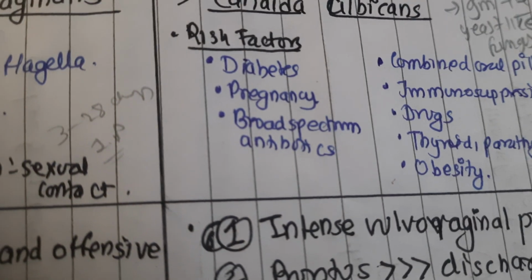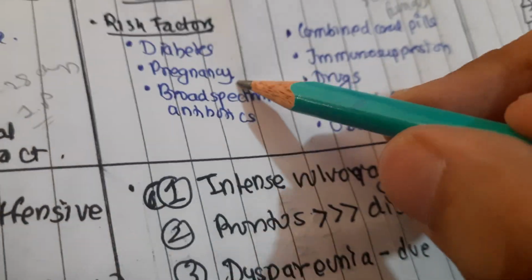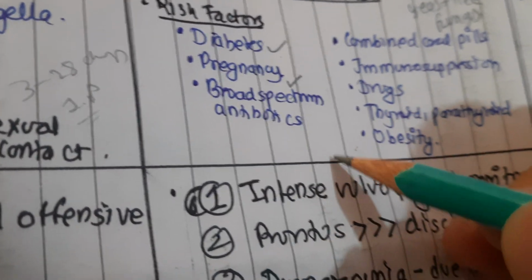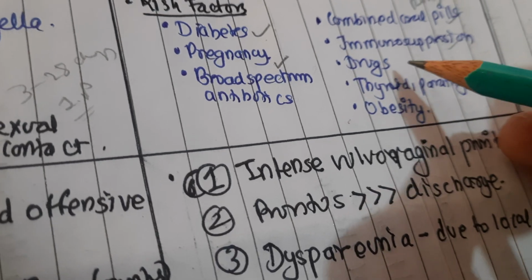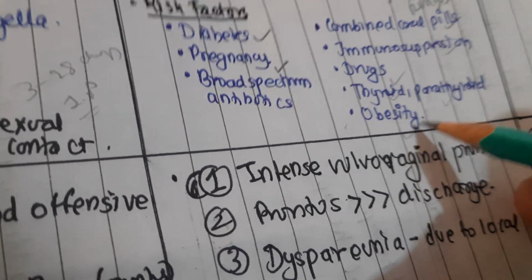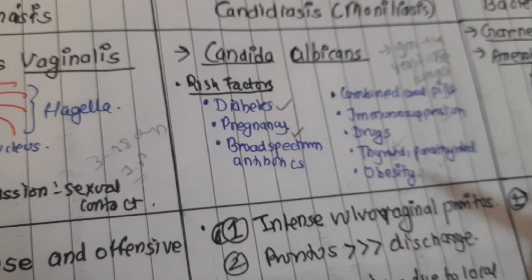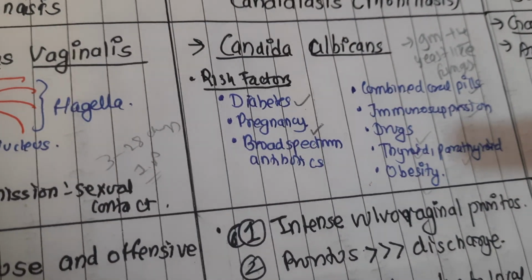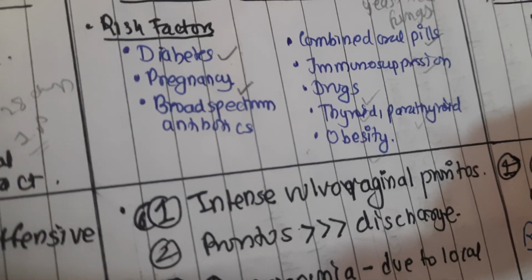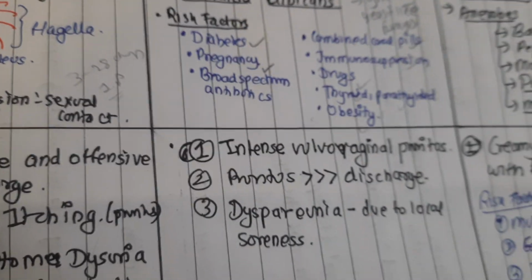First of all are pregnancy, diabetes, broad spectrum antibiotic use, combined oral pill, immunosuppression drugs, thyroid and parathyroid disease, and obesity. These are the risk factors for Candida albicans.